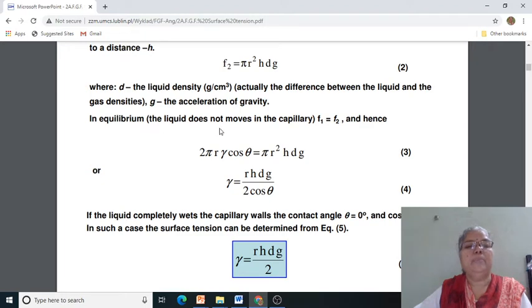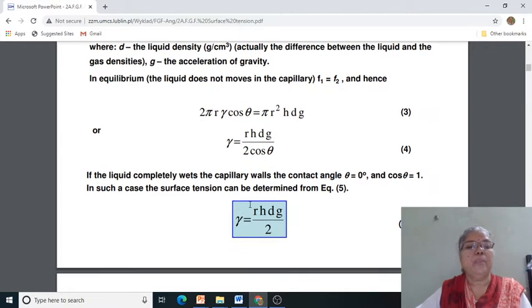In equilibrium, the liquid does not move in the capillary. That means F1 = F2, and hence we can write 2 pi r gamma cos theta = pi r square h d g. Therefore, we can write gamma = r h d g upon 2 cos theta.